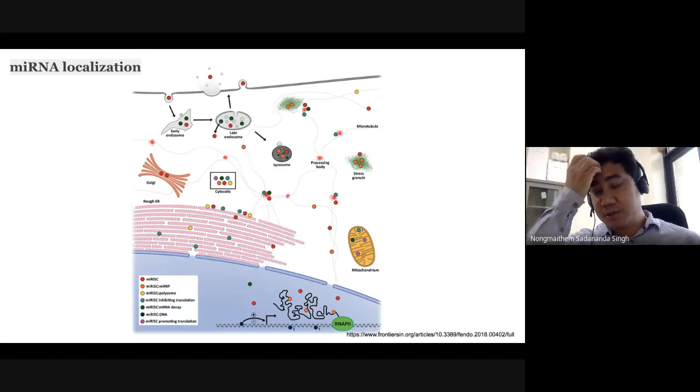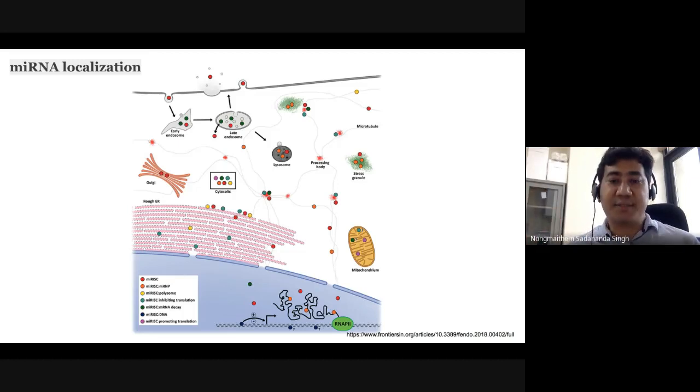tissue. So now microRNAs can act extracellularly through the exosomes, that is the extracellular vesicles which are secreted out. And it can go to different tissues. It need not be in the same cell where it is synthesized. So now people have extended this observation.